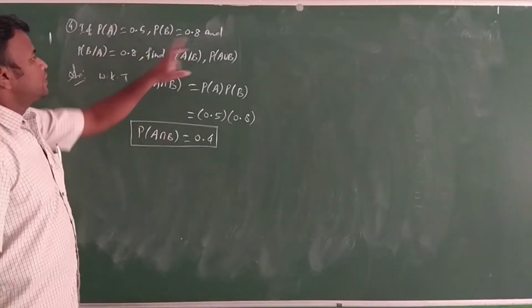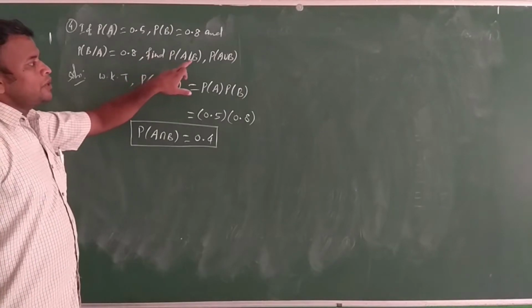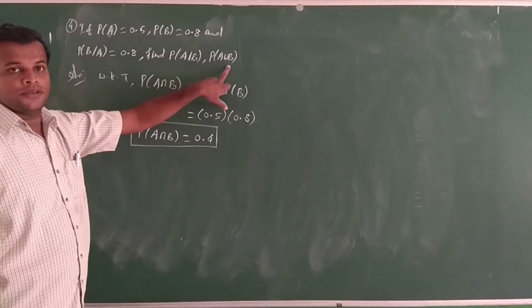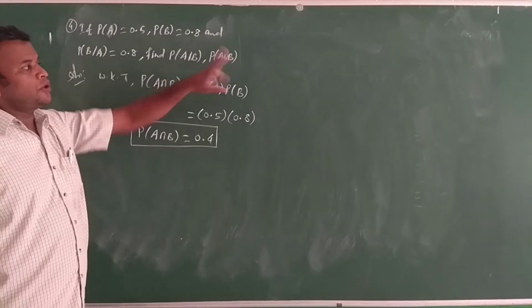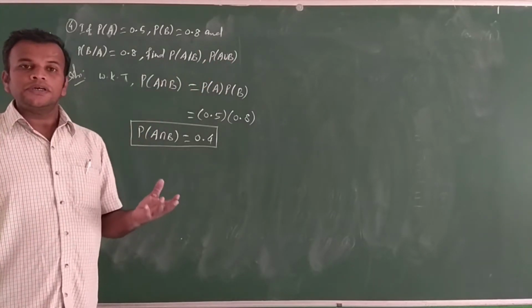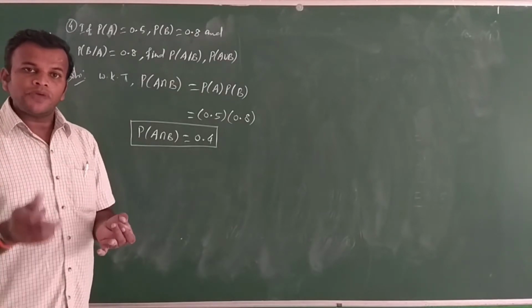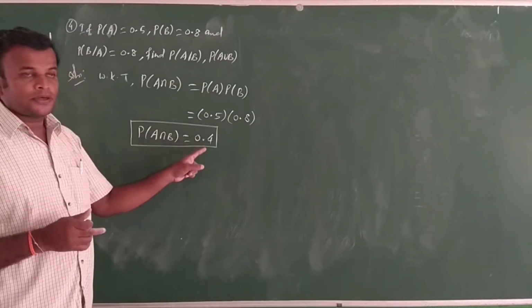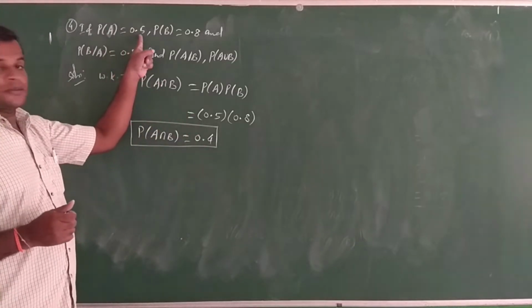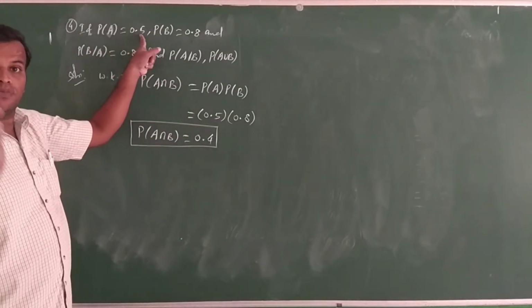Next, some data are given and we find P of A by B and also P of A union B. Suppose we use the formula P of A union B, the values needed are P of A plus P of B minus P of A intersection B. P of A is given, but we find the value of P of B first.